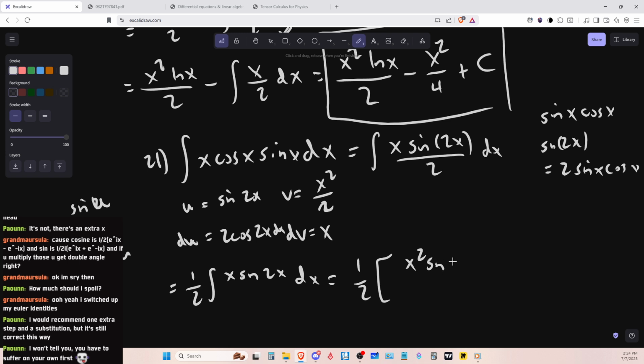So sine of x2 over 2 minus, so we're gonna need v, and then du, which is cosine 2 dx.